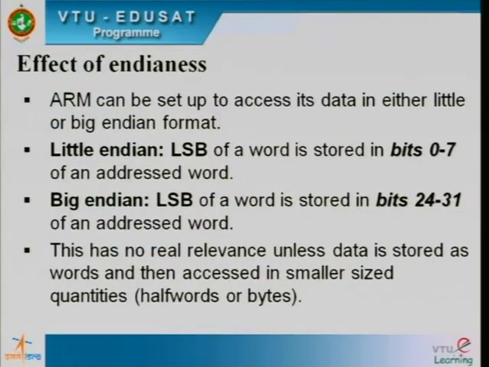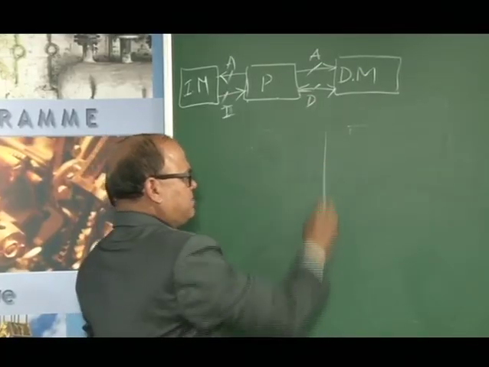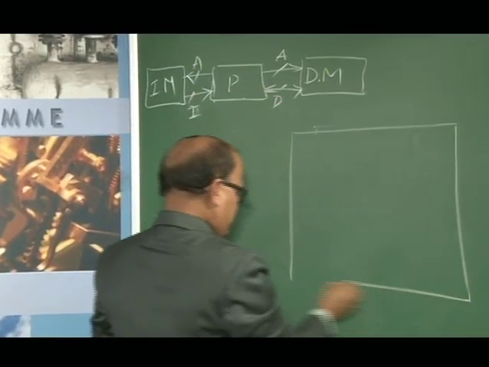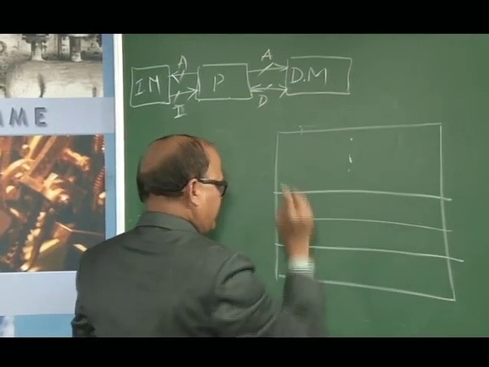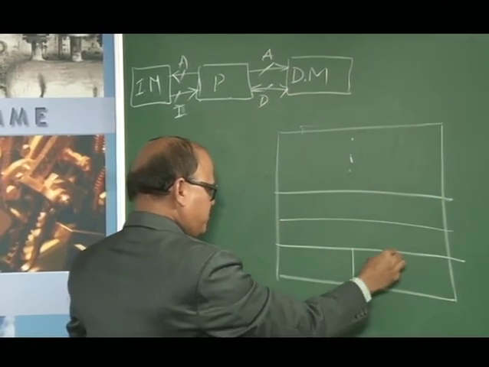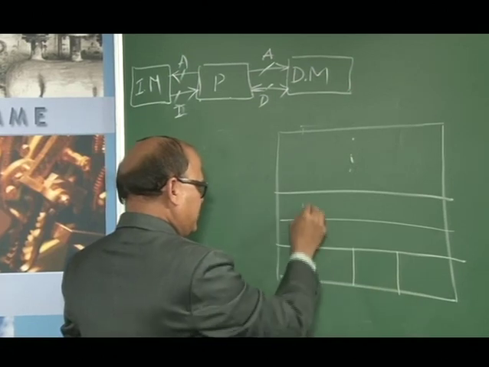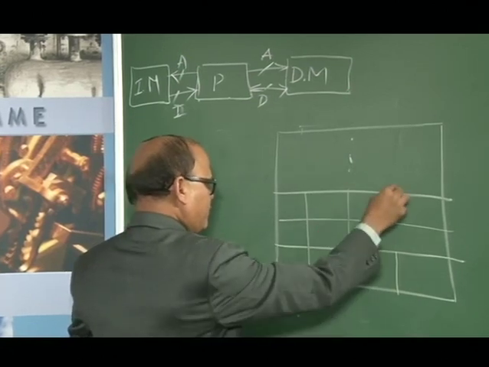Let me select a memory of 32-bit word or 4 bytes, as is used in the case of ARM, right? So these are the different words I have. Each word comprises 4 bytes, right?